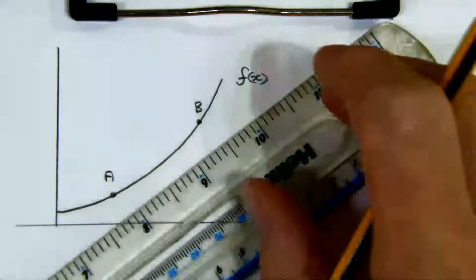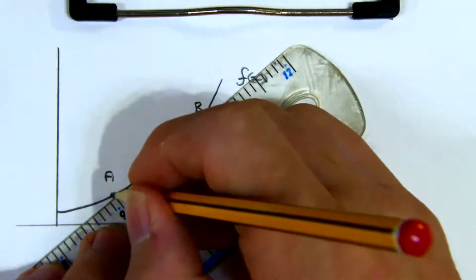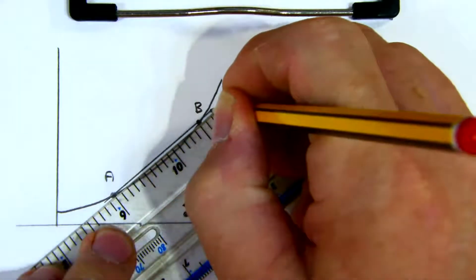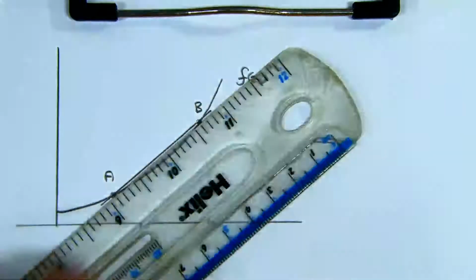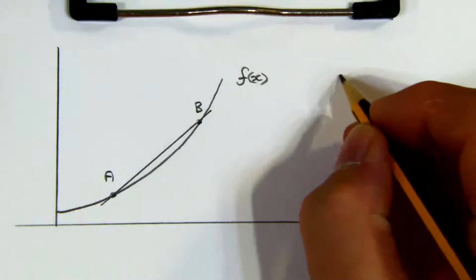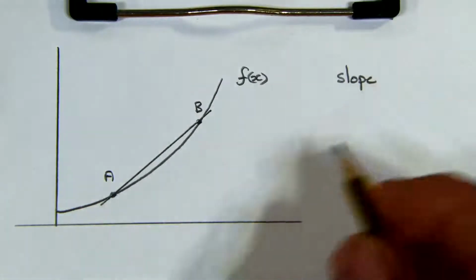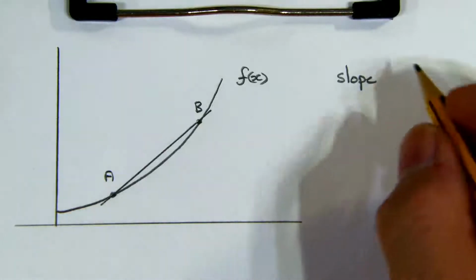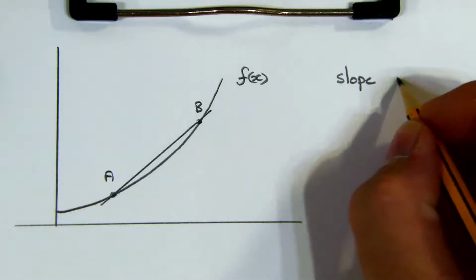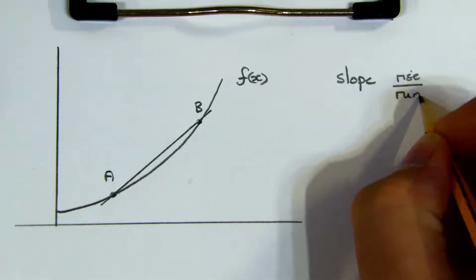And what we're going to try to do with this is work out the gradient of this line. Now, to work out the gradient of a line, it's very easy. We know that the slope of AB here is simply going to be the rise over the run.